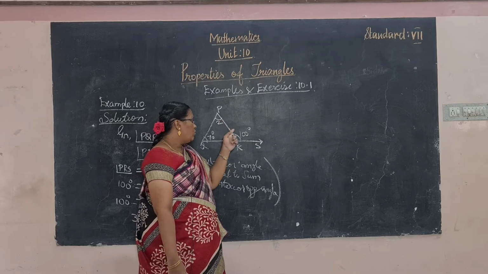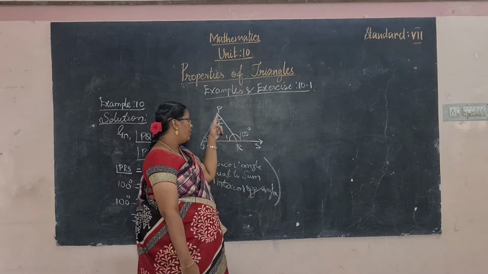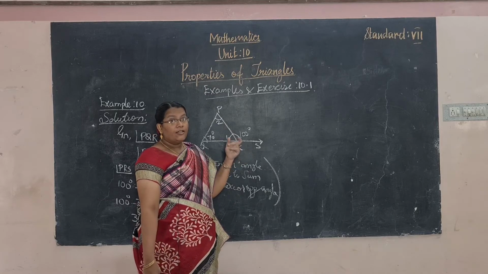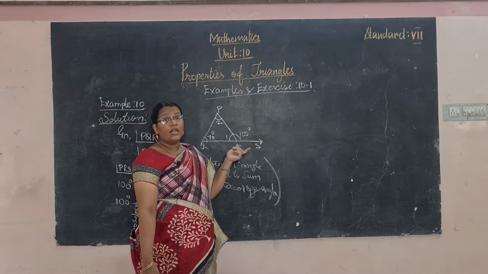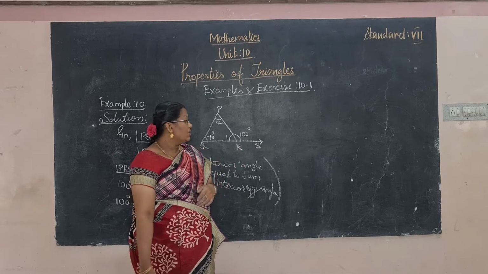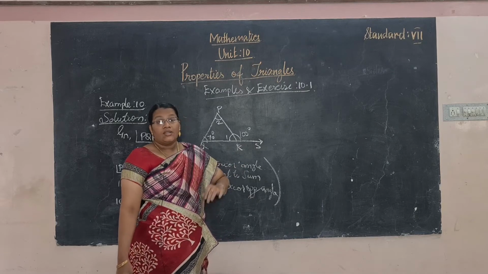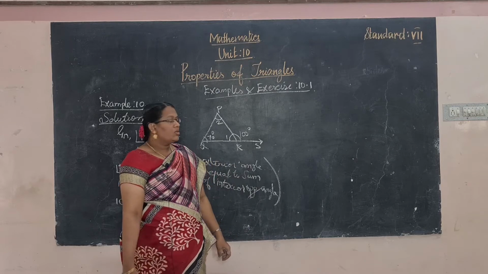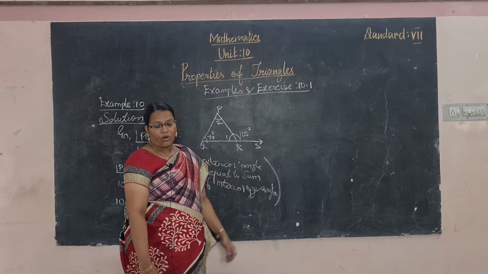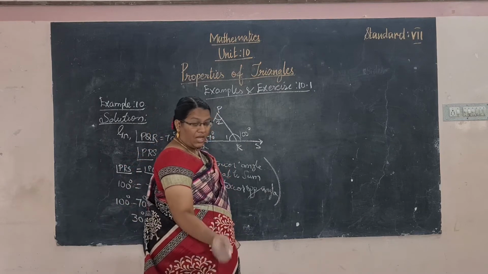These two are adjacent angles, PRS and PRQ, and they form a linear pair. A linear pair is supplementary. A linear angle is 180 degrees, a straight line. So we can use that also. You can follow any one of the methods, and both give the same answer.